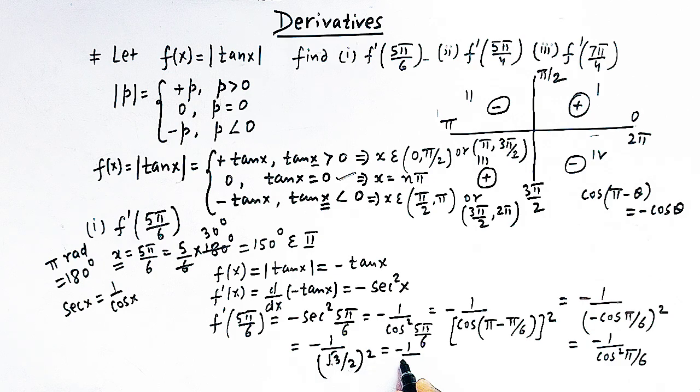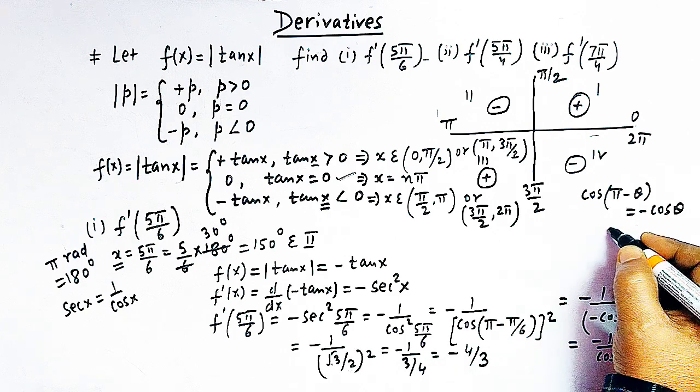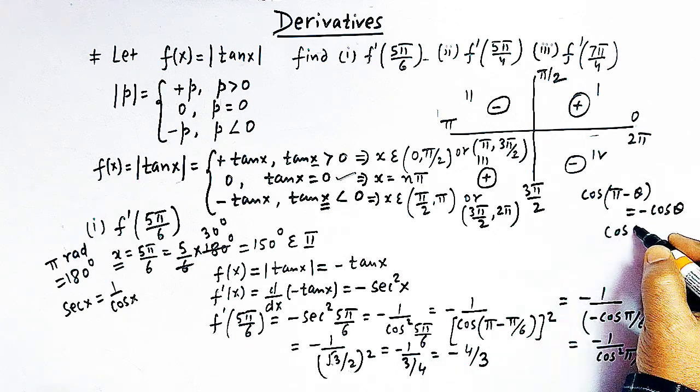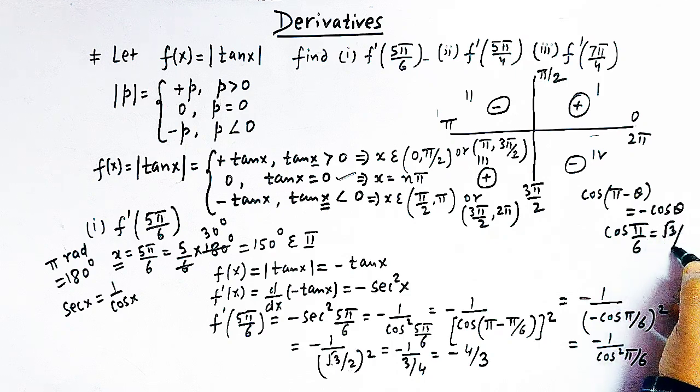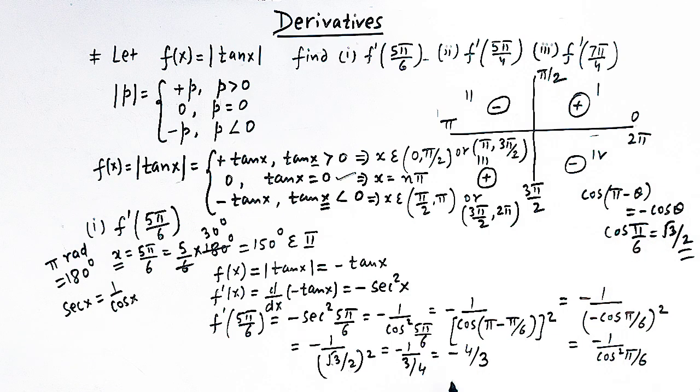Root 3 square is 3, 2 square is 4, so we have minus 1 over 3 over 4, and here we can write cos pi over 6 is equal to root 3 over 2, right? So here we can take this 4 to the numerator, so we have minus 4 over 3. So f prime of 5 pi by 6 is equal to minus 4 over 3.